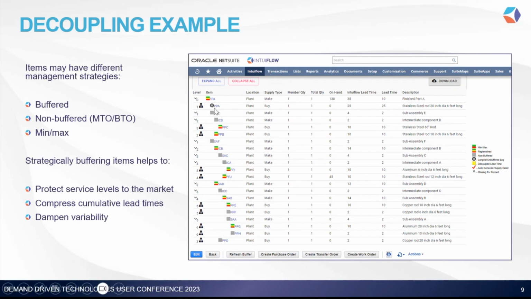And then this part here, part PPA with this black circle around it, that's my longest non-buffered leg within the bill of material. So in this case, part PPA is a buy part that has a 25-day lead time. That's my longest non-buffered leg in this bill of material.